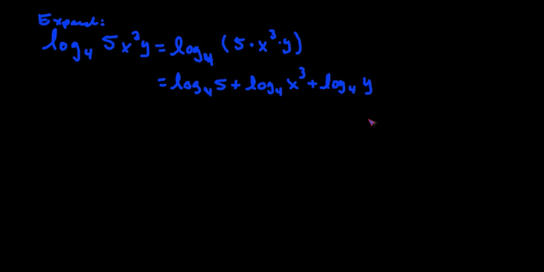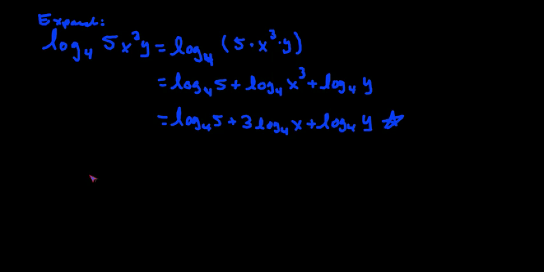We'll say log base 4 of 5 plus, and we're going to swing this exponent out front, 3 times log base 4 of x plus log base 4 of y. So that would be the expanded form using the product and power properties. So this line would give us our solution. Each one of these has one base and one value. We've expanded it.